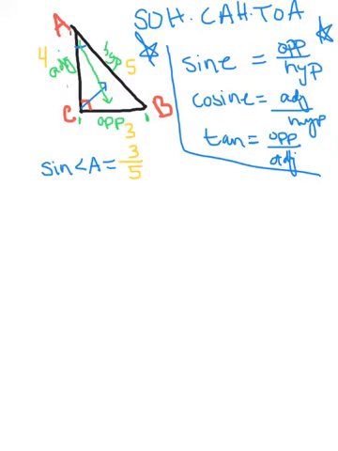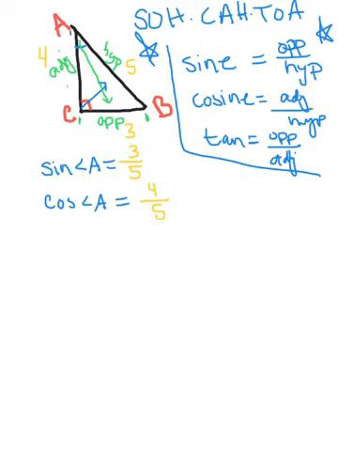Then again, if I wanted cosine of angle A, I would state that it is adjacent, which is 4, over the hypotenuse, which is 5.